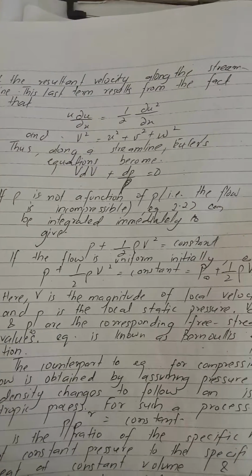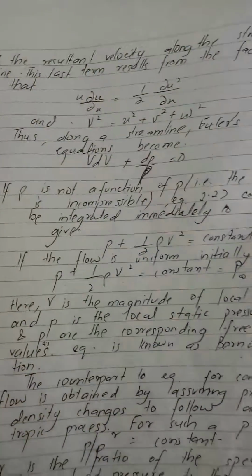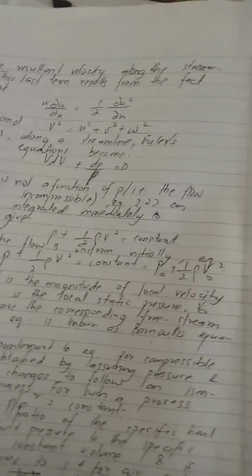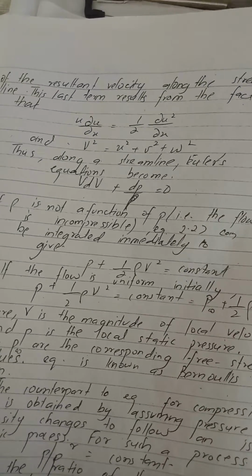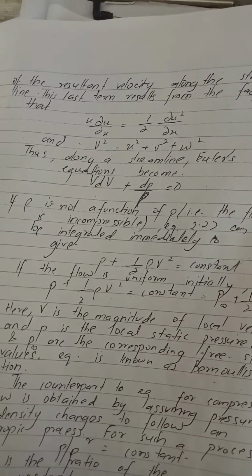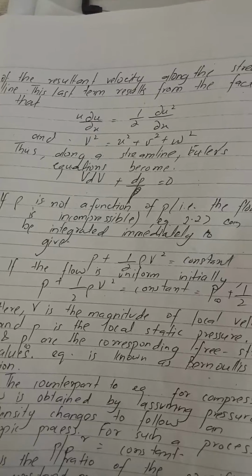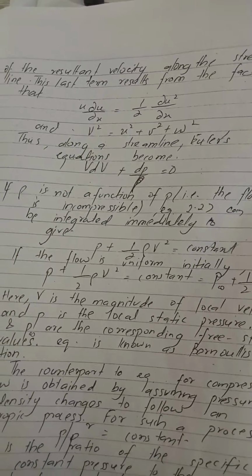This last term results from the fact that u times du by dx is equal to half d(u squared) by dx, and V squared is equal to u squared plus v squared plus w squared. Thus, along a streamline, Euler's equations become V dV plus dp over rho is equal to 0.